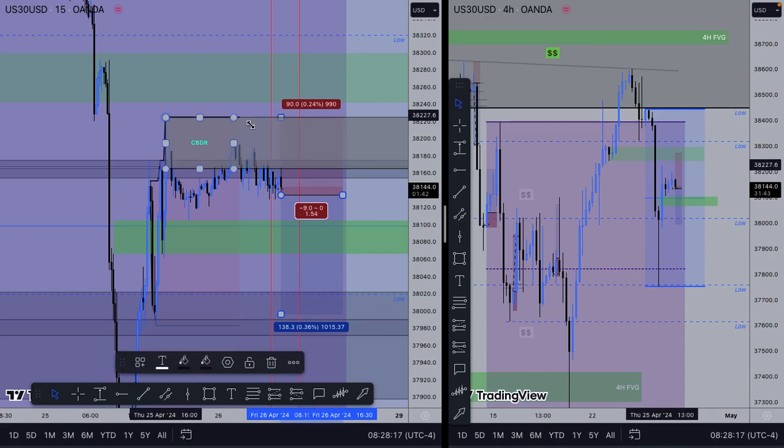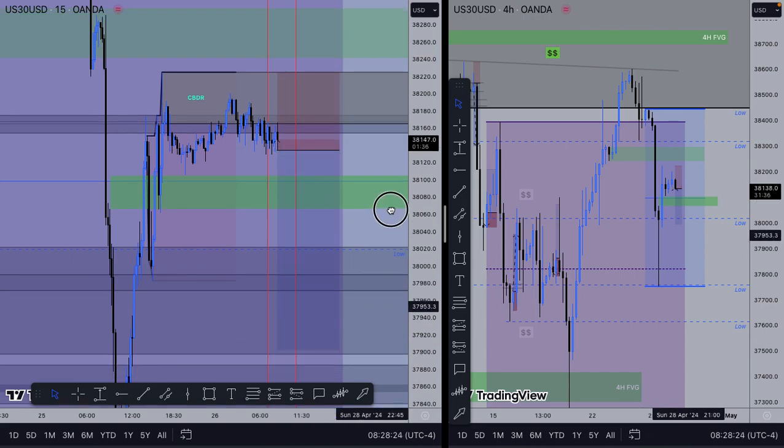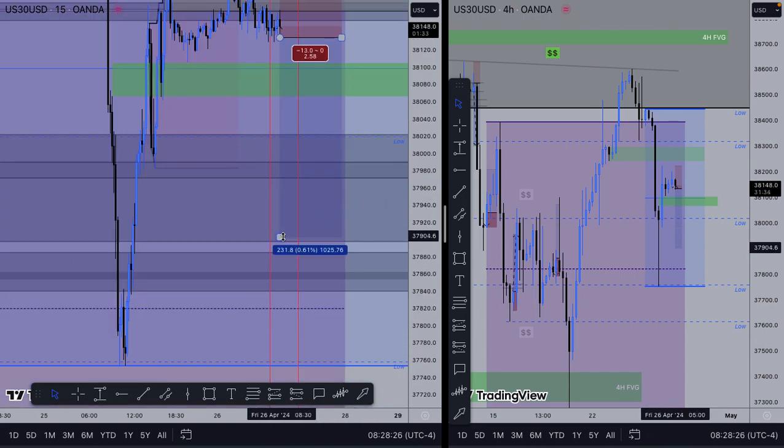At the high of this range? Okay. What are you aiming for? I like to go for 1 to 3s. So let's say we were impatient and we got in before the time of 8:30. So I go for 1 to 3.